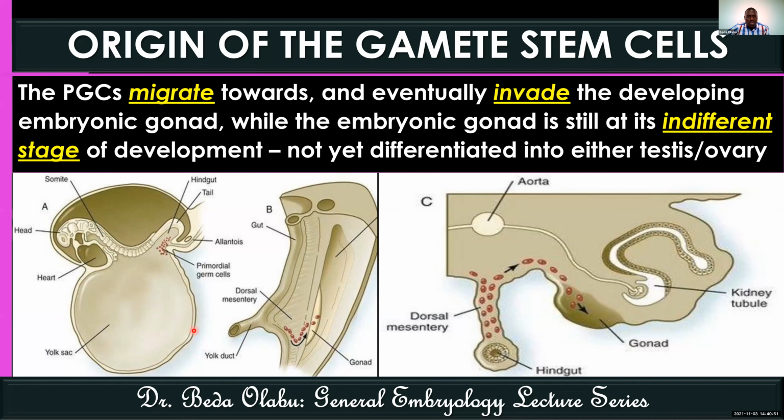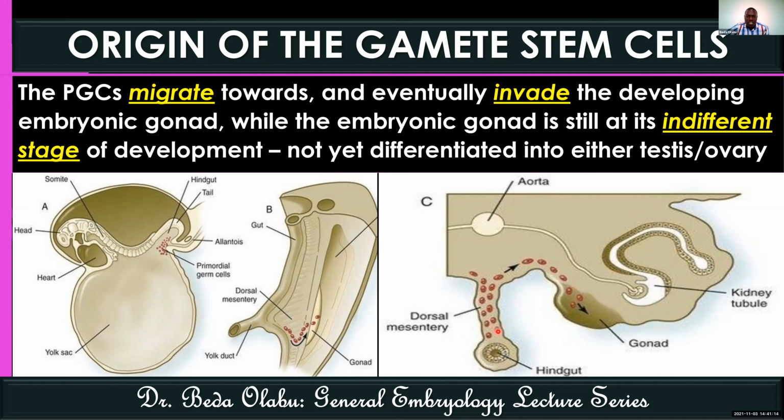This image shows you the primordial germ cells, which are these ones, and that is the primordial gonad, or what I'm calling the indifferent gonad, that will either become the testis or the ovary. And this cross-section also captures that. So take this to be the indifferent gonad.